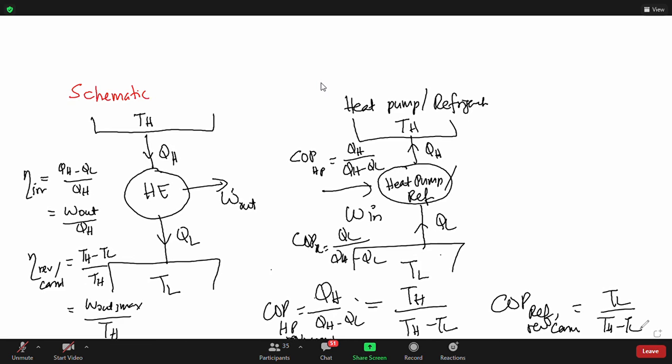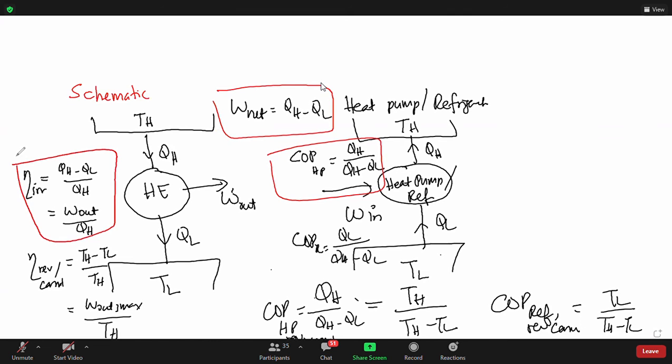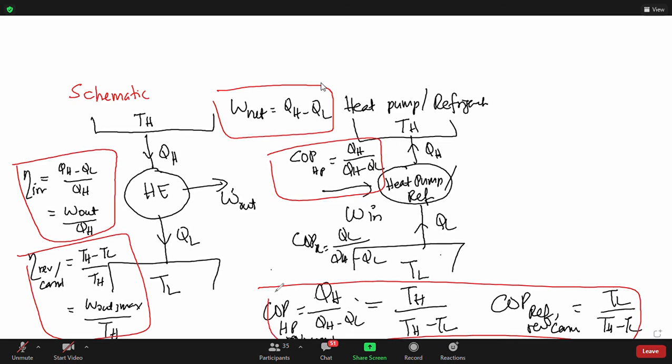Schematic must be drawn. You get marks for that. Write down the efficiency equation. Write down the COP equation. Write down the energy balance, which is work net equals QH minus QL. So these are the equations that you need to write, depending on whether you have a reversible or irreversible.